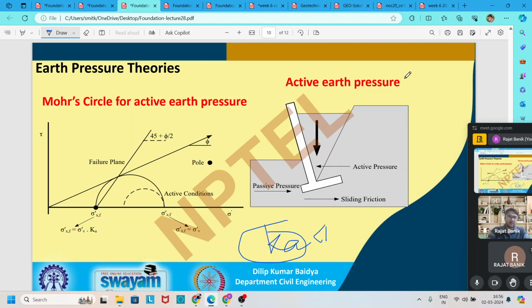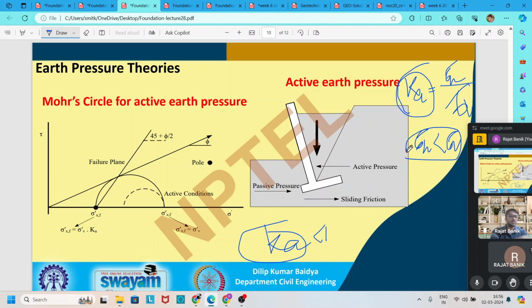The coefficient of earth pressure is nothing but the ratio of the horizontal stress to the vertical stress. Since the coefficient of active earth pressure is less than 1, sigma h is less than sigma v.